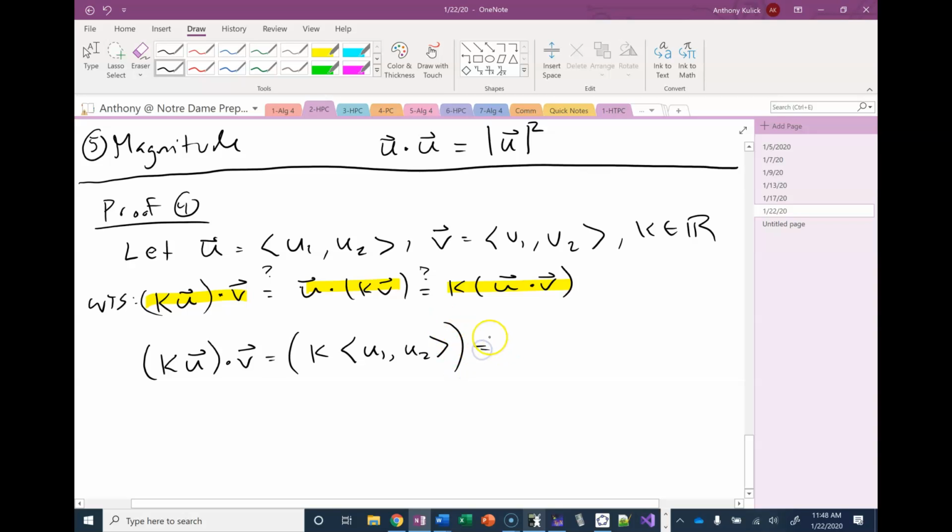So I'm just going to start by plugging in the components, right? Then I'm going to do the scalar multiplication. So k times u1, u2 is just ku1, ku2.